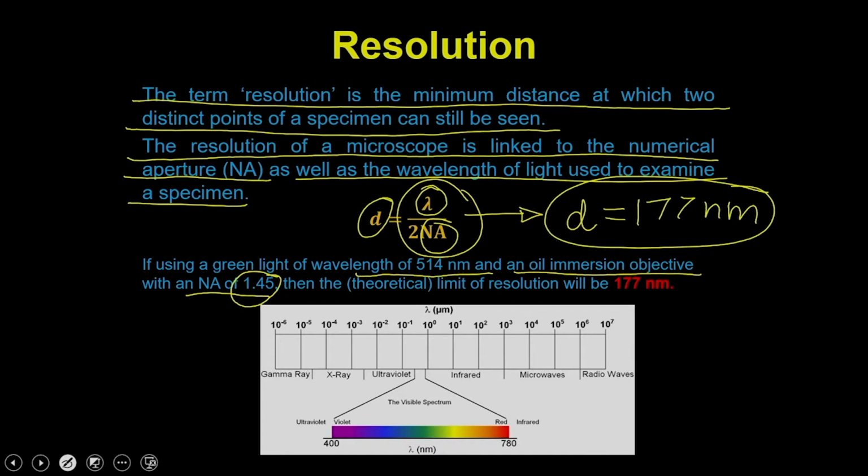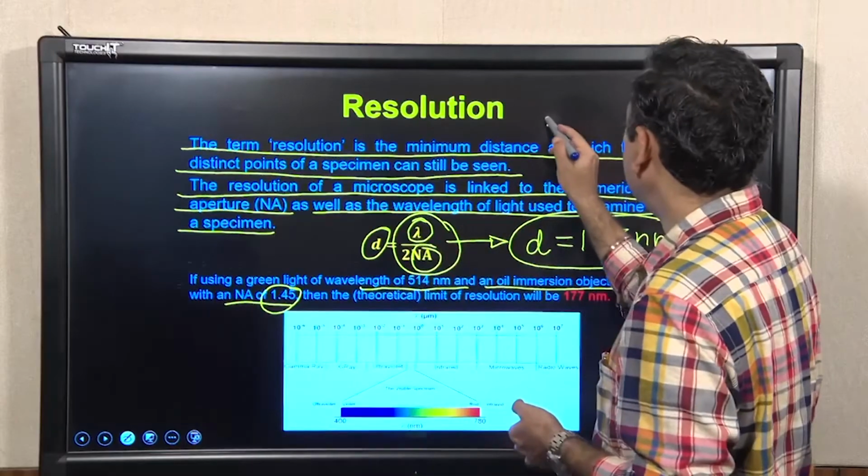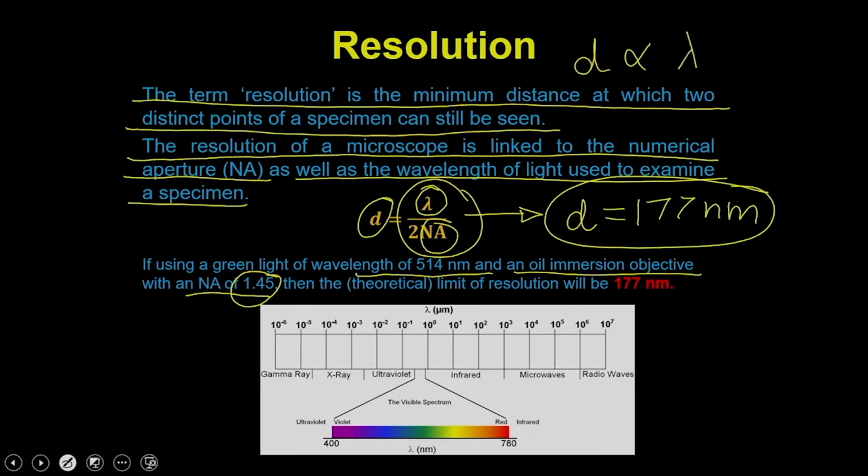There are two options by which you can increase or decrease this number. D is directly proportional to lambda, which means if you decrease lambda you decrease the distance, and remember that a decrease in distance means an increase in resolution.